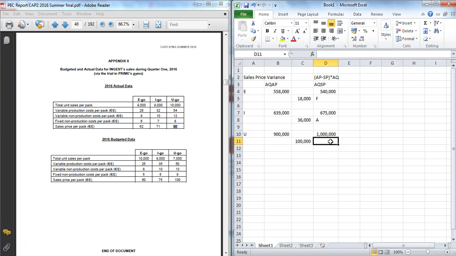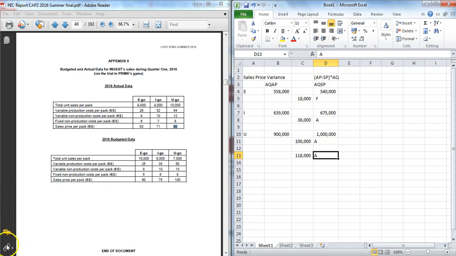I'll put the adverse there. And remember, you're asked for the total, so make sure you add them up, and make sure you're careful. That's adverse, and you take away the favourable one, or of course you could go vice versa. But the whole idea is that the overall variance is 118,000 adverse.